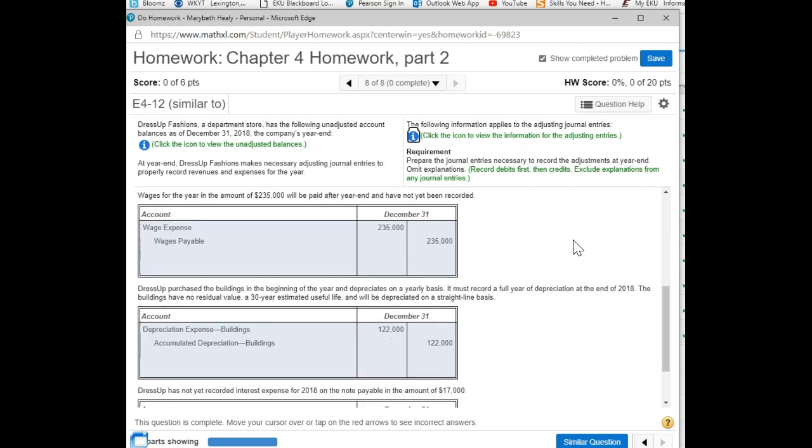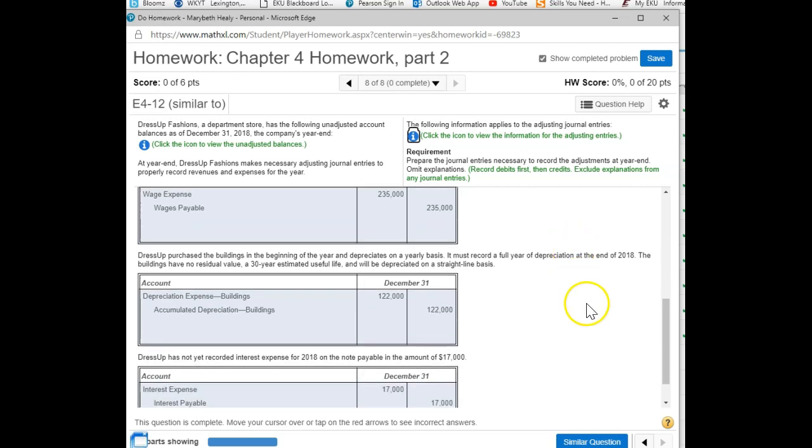And on the next one, they purchased a building at the beginning of the year and they depreciate it yearly. So we're going to take a full year of depreciation, and what we're going to do is straight line, and if you remember, it's cost minus residual divided by useful life.